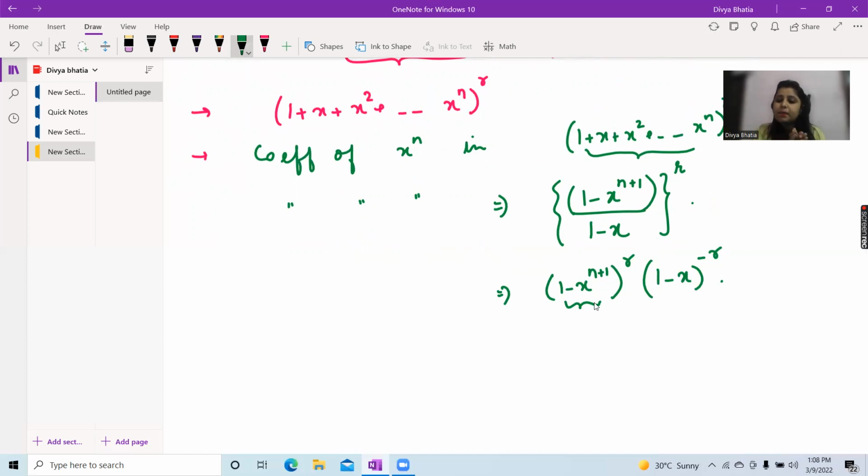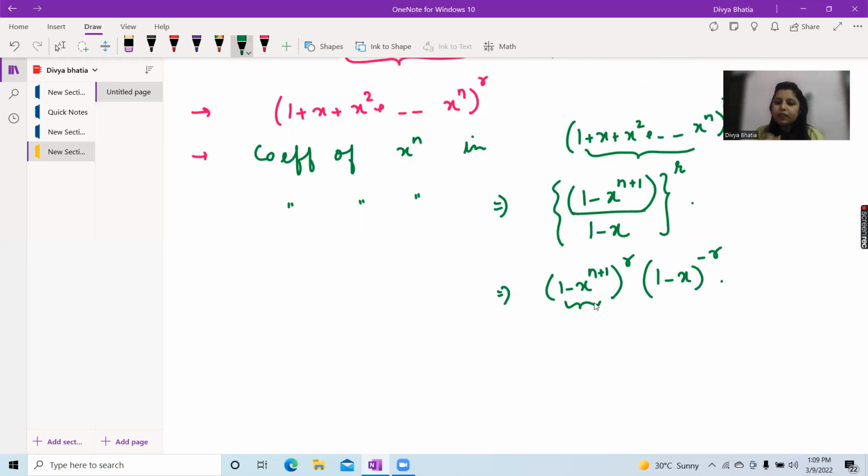When I expand this with the binomial theorem, 1 minus rc1 into x to the power n plus 1, then x to the power n plus 1 to the power 2, every term in this expression will contain a power of x greater than n plus 1. So how will I find x to the power n in this?